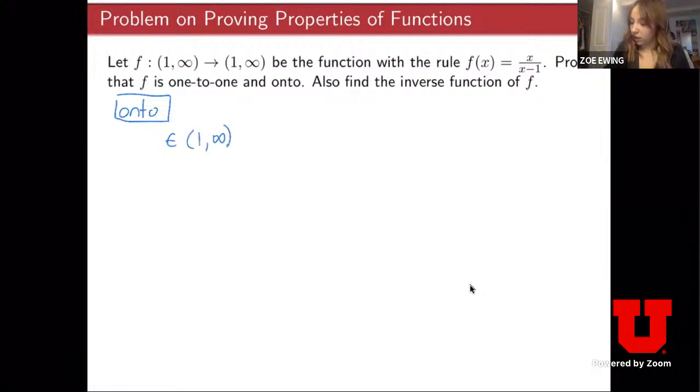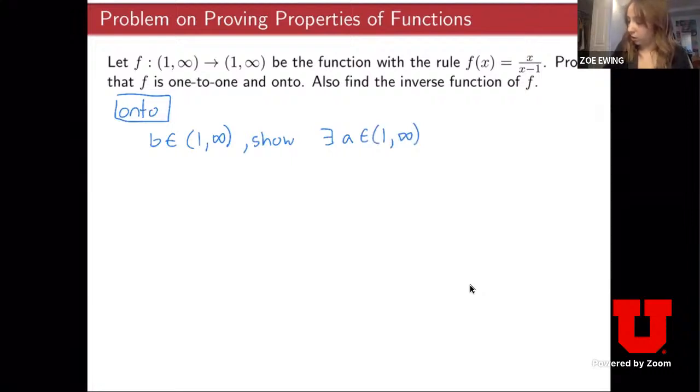Or actually, I believe the slides use b, so we're going to use that for clarity's sake. So b is going to be in this set, and we want to show that there exists some element a that is in here.